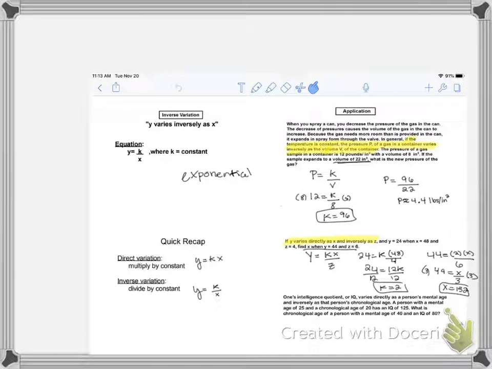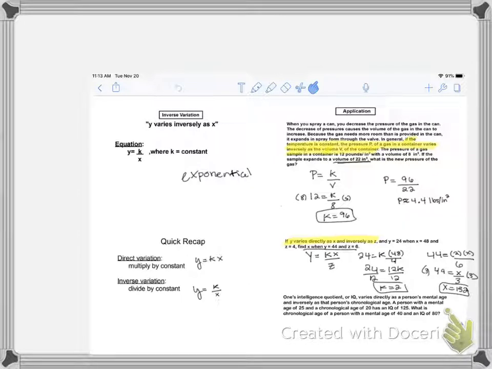Okay. The last one is about IQ. So one person's intelligence quotient, or IQ, varies directly as a person's mental age and inversely as that person's chronological age. A person with a mental age of 25 and a chronological age of 20 has an IQ of 125. What is the chronological age of a person with a mental age of 40 and IQ of 80?